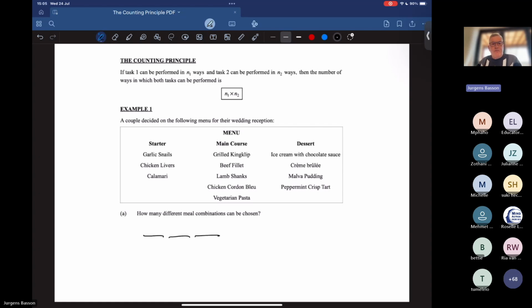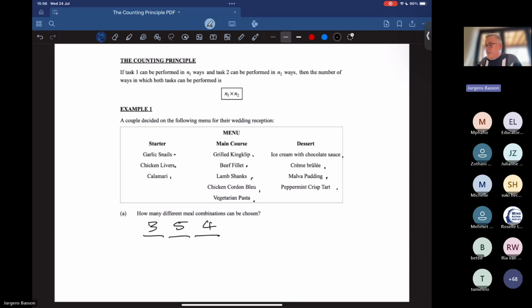So now we do the first task. How many ways can we do the first task? You will all agree that is 1, 2, 3 ways, so that is 3. And the main course, the second task, 1, 2, 3, 4, 5. So I put 5 on the second task, and then 1, 2, 3, 4 on the third one.